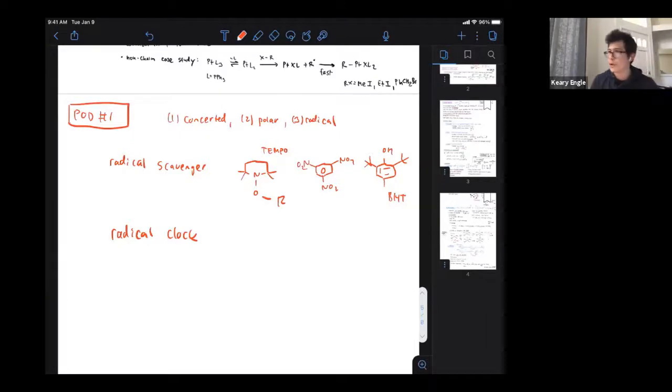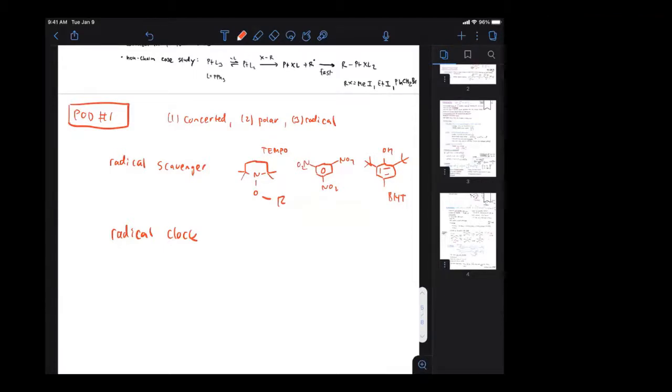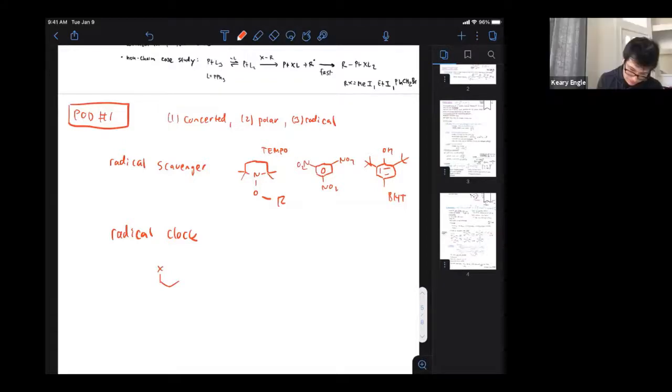And then what were you thinking about for radical clock? What type of radical clock? If we have a functional handle, let's say a cyclopropane substrate. Okay.